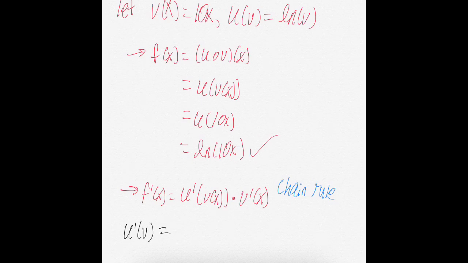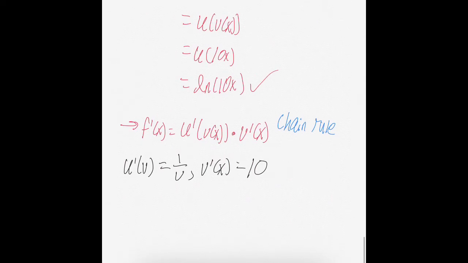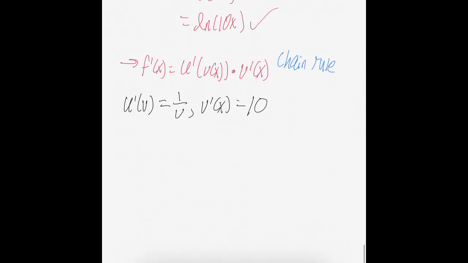So let's go ahead and compute u prime and v prime. U prime of v, see, u is ln of v, so that's just 1 over v. And v prime of x is just 10 because v of x is 10x.